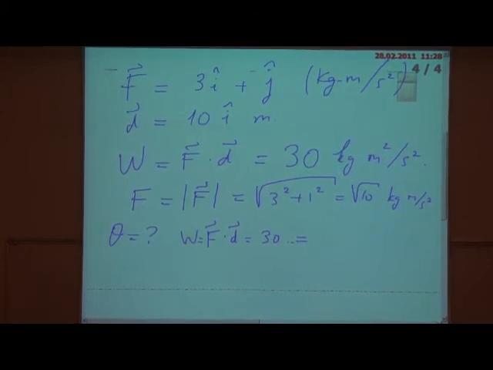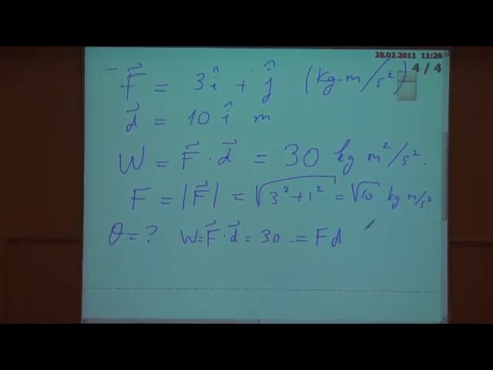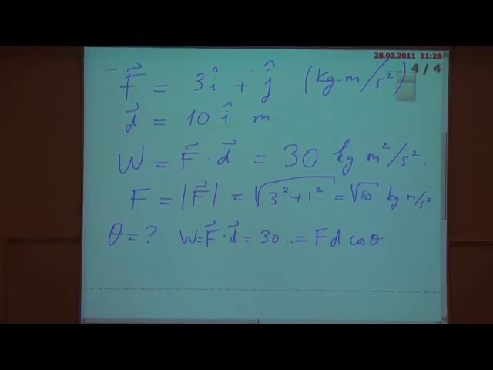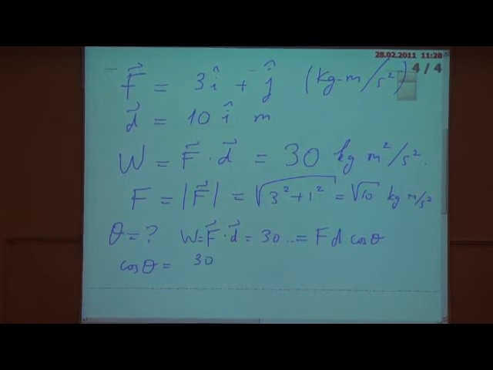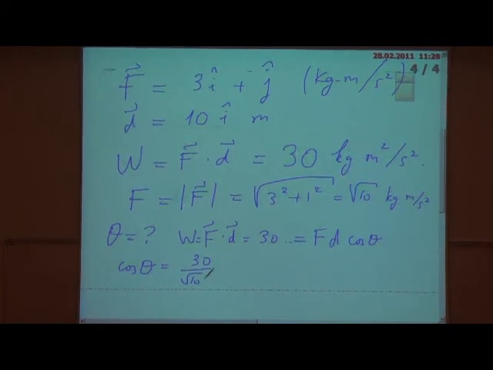But the other definition is also valid. It must be equal to F, the magnitude of the force, D, the magnitude of the distance gone, times cos theta. So, cos theta is simply 30 divided by root 10 times, what's the length D? Times 10. Okay?